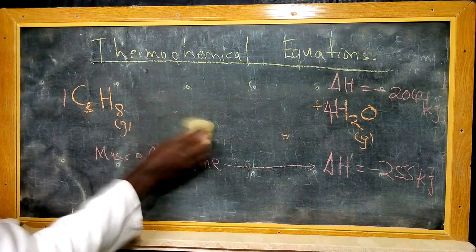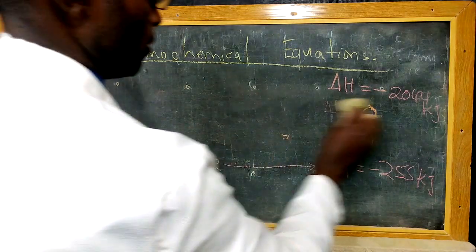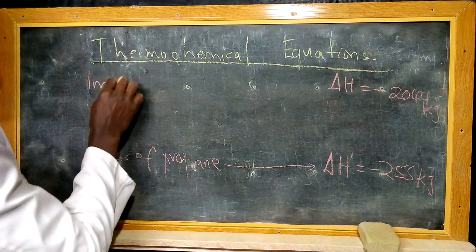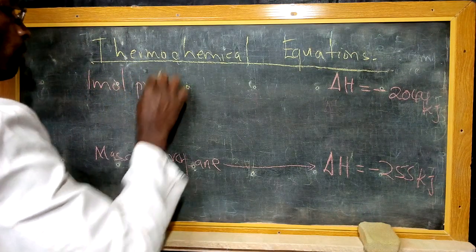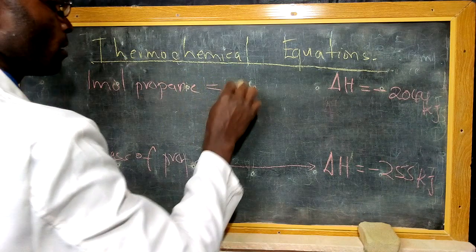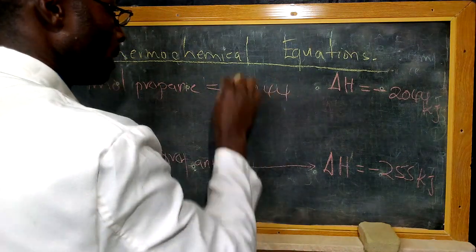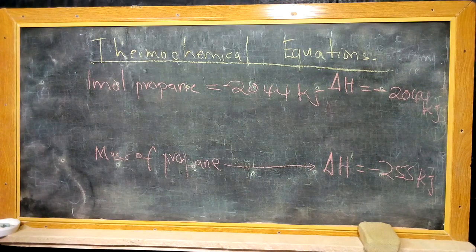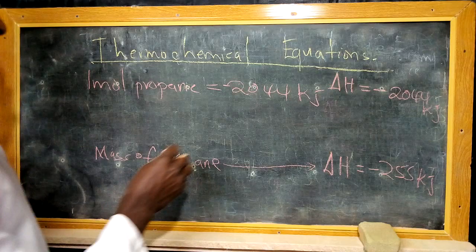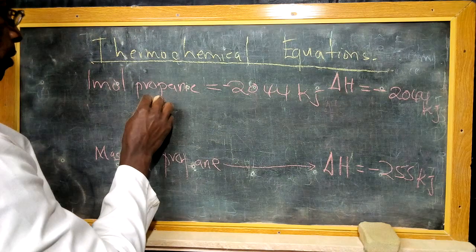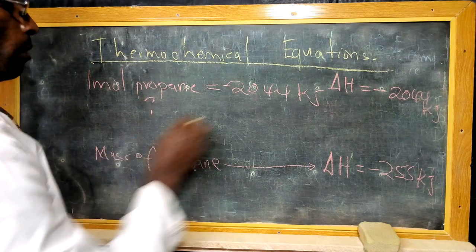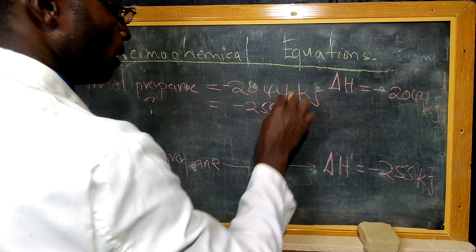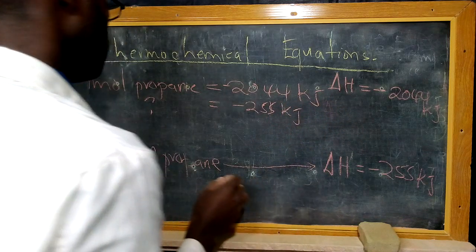So I can do away with this since we have already taken the ratio for the reacting moles. So if 1 mole of propane produces negative 2044 kilojoules of heat, that is the heat of reaction, how many moles will produce negative 255 kilojoules of heat?